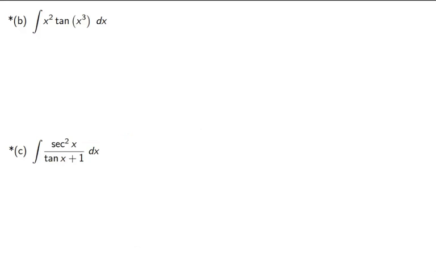Next two examples are for you to try, and these will use the secants and tangents and so on. They are for you to try, so please feel free to pause the video and try it. Alright, hopefully you guys did try it. For this one, I'm going to let u equal x cubed. Good choice because it's inside the tangent function.